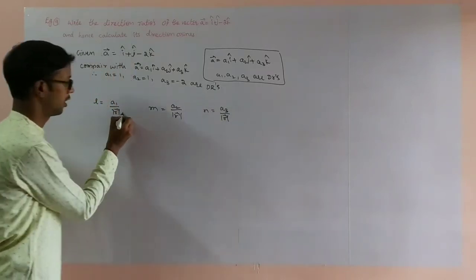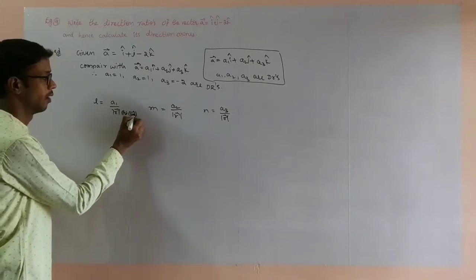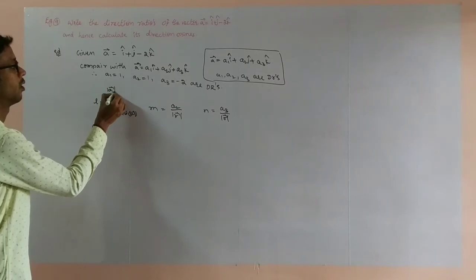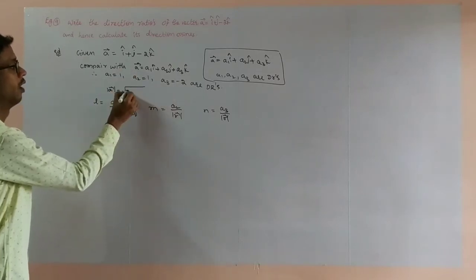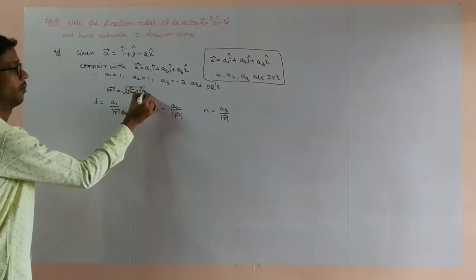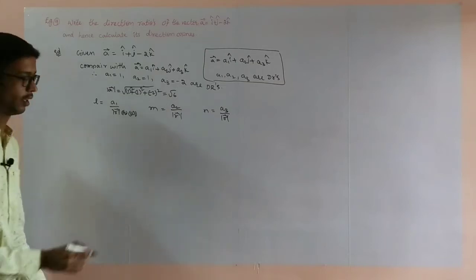R bar is nothing but here A bar, magnitude of A bar. So first I'll find magnitude of A bar, which is equal to 1 square plus 1 square plus minus 2 whole square, that is root 6.